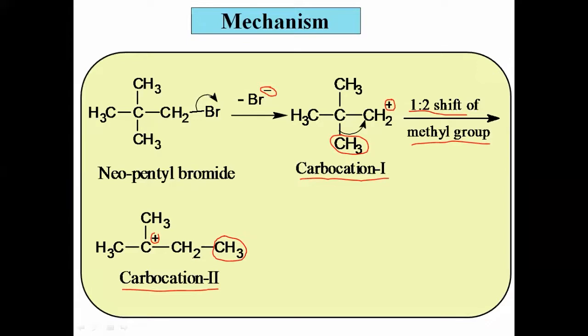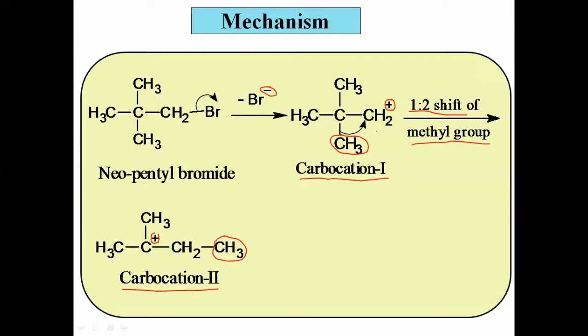Okay, now why does that shifting of methyl group take place? Because that carbocation second is tertiary in nature, while carbocation first is primary in nature. And we are very well aware of the stability of carbocation. Always tertiary carbocation is more stable than secondary, which is more stable than primary.